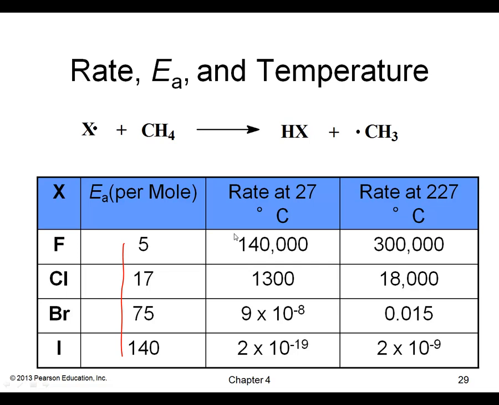Note too that my rate at 27 degrees is highest for fluorine and then gets smaller as I go down. If I increase it to 227 degrees, my rate goes higher, as I would expect. The reason is that the temperature helps me get over the hill of the activation energy.